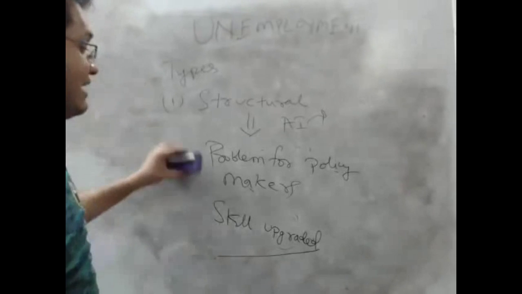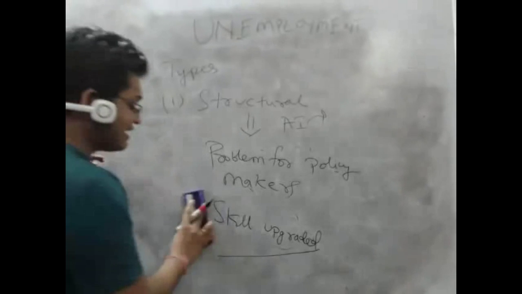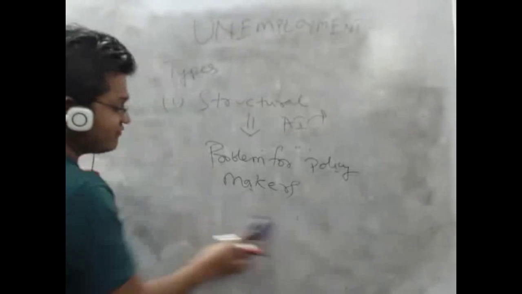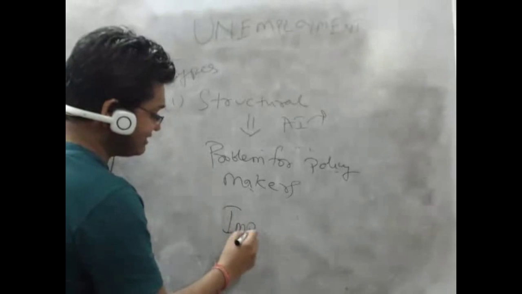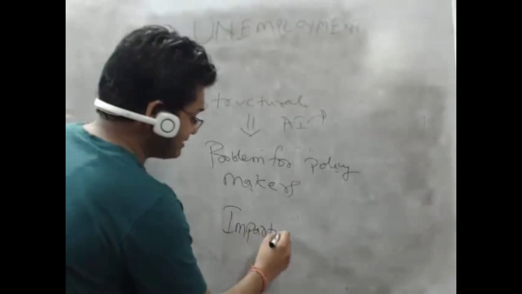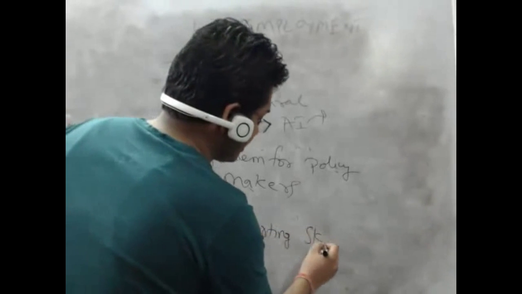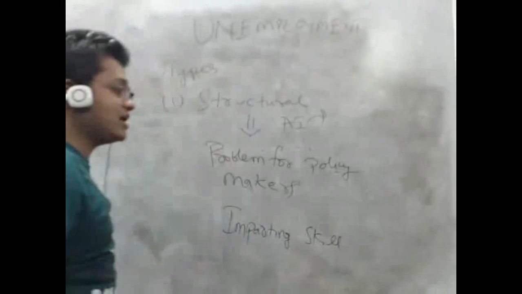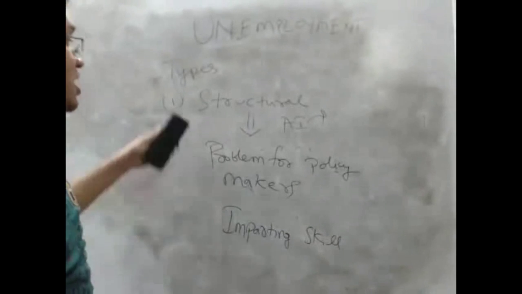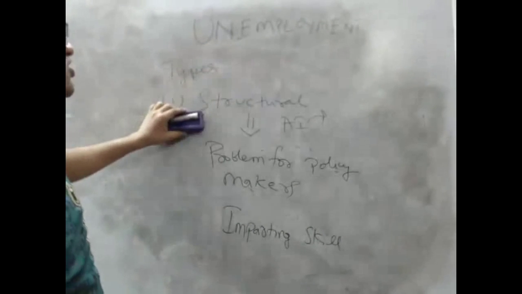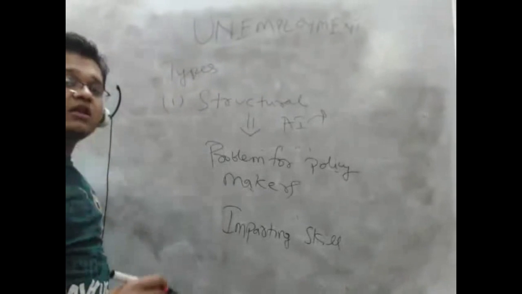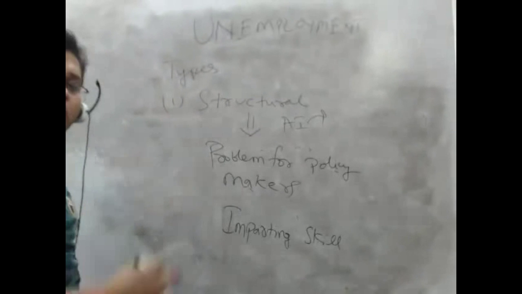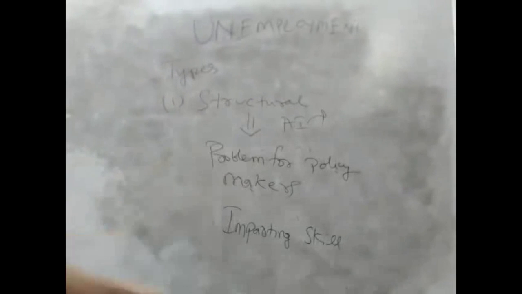So at this time it is necessary that government takes steps to give you skill. Imparting skill is necessary at this stage, because if you are not imparted with skill, then you will remain unemployed for a longer period of time. So this is the meaning of structural unemployment: unemployment because the skill of the labor force does not match the skill that is required for the job.